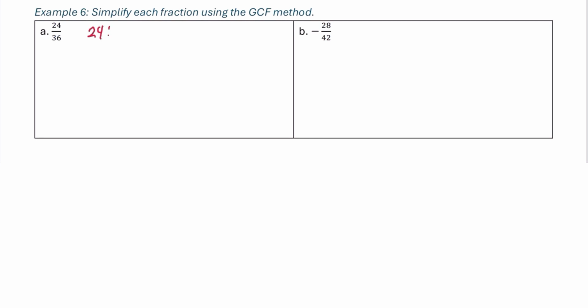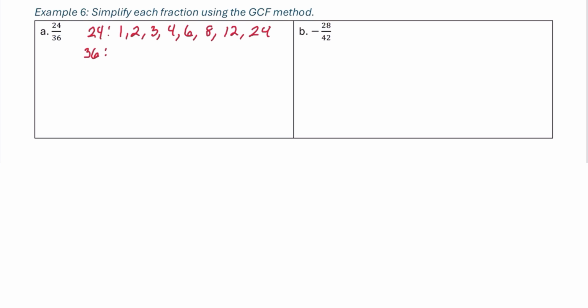So the factors of 24 are 1, 2, 3, 4, 6, 8, 12, and 24. These are all of the numbers that will divide evenly into 24. Next, we'll do the same thing for 36.